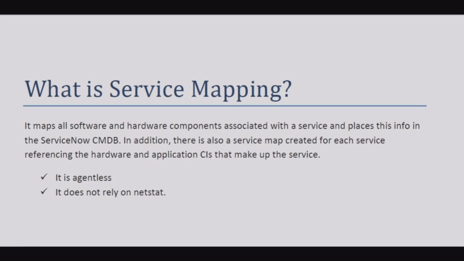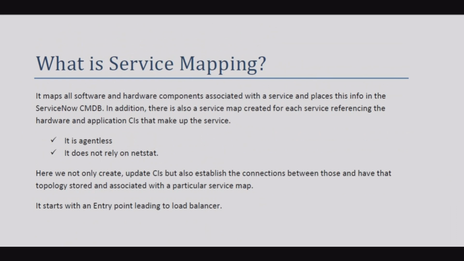Service mapping is agentless, but going forward we will see that credentials need to be provided in order to enable that agentless discovery. Service mapping is configuration based, so it does not rely on network traffic, that is netstat. Service mapping is service centric.